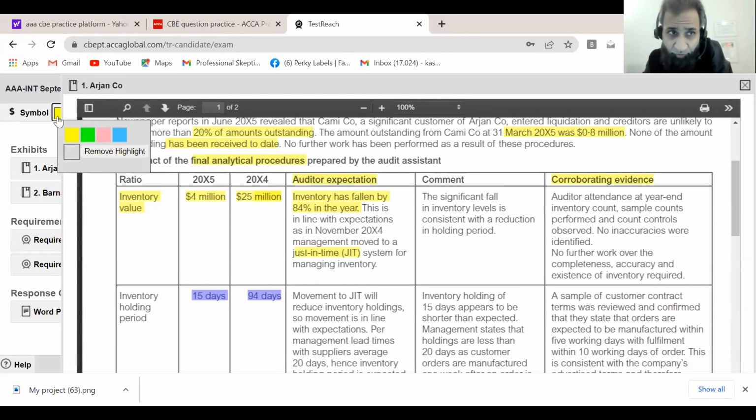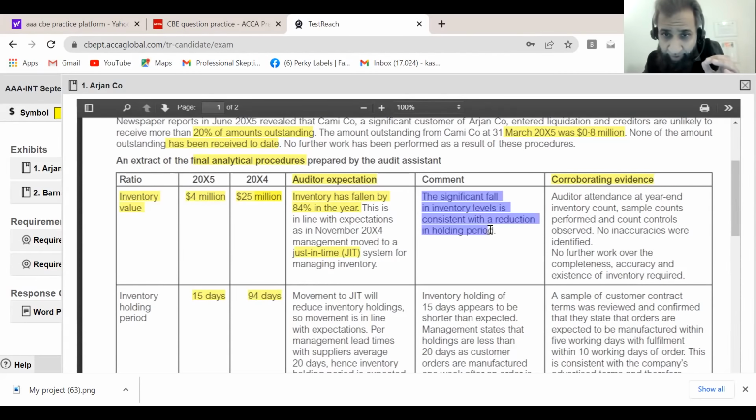That is also an indicator that you have moved to just in time, and that your inventory value has gone down. So this is how the auditor is commenting on the analytical procedures, linking the analytical procedure with just in time and the inventory holding period.